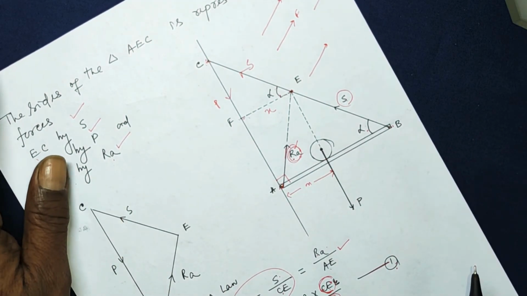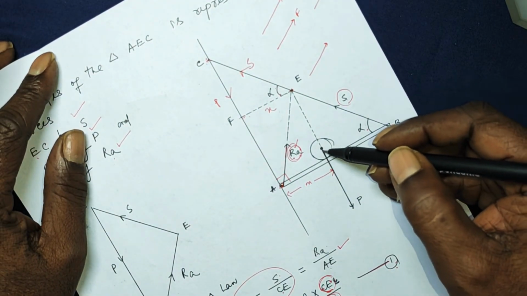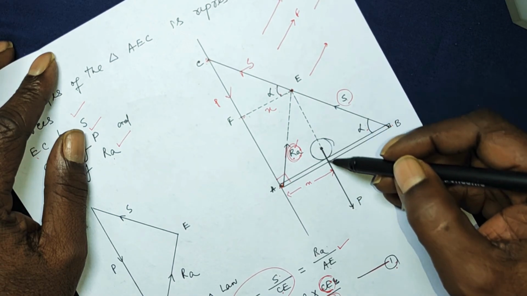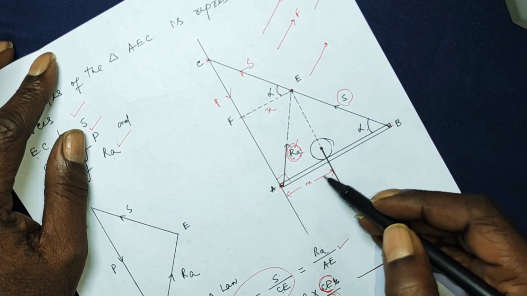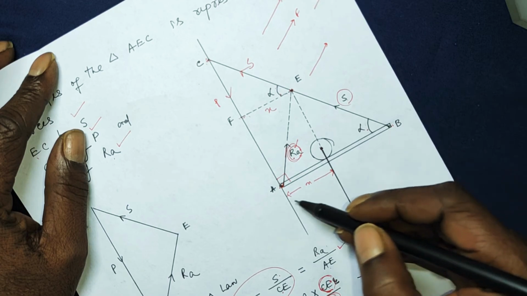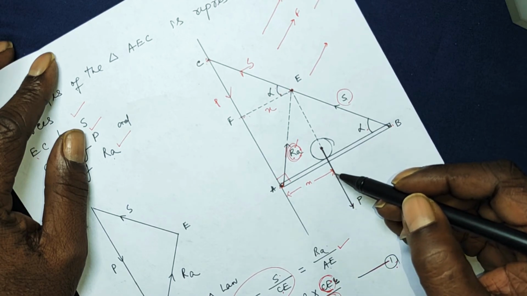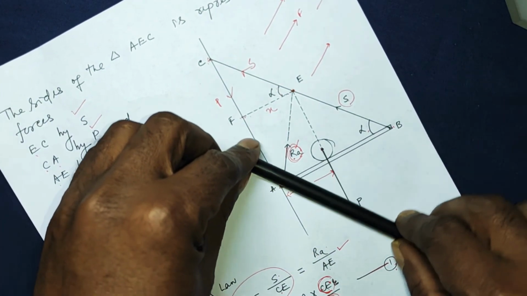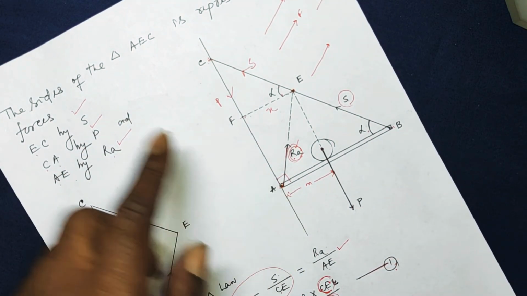Now this P will contribute a turning effect because P has a perpendicular distance x from point A. So P times x will be a clockwise turning effect about point A.